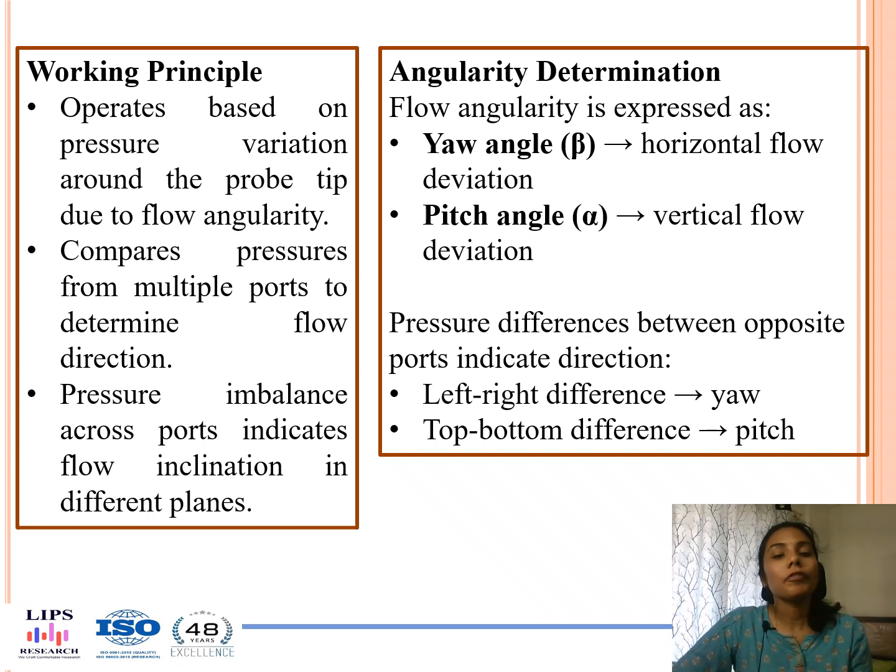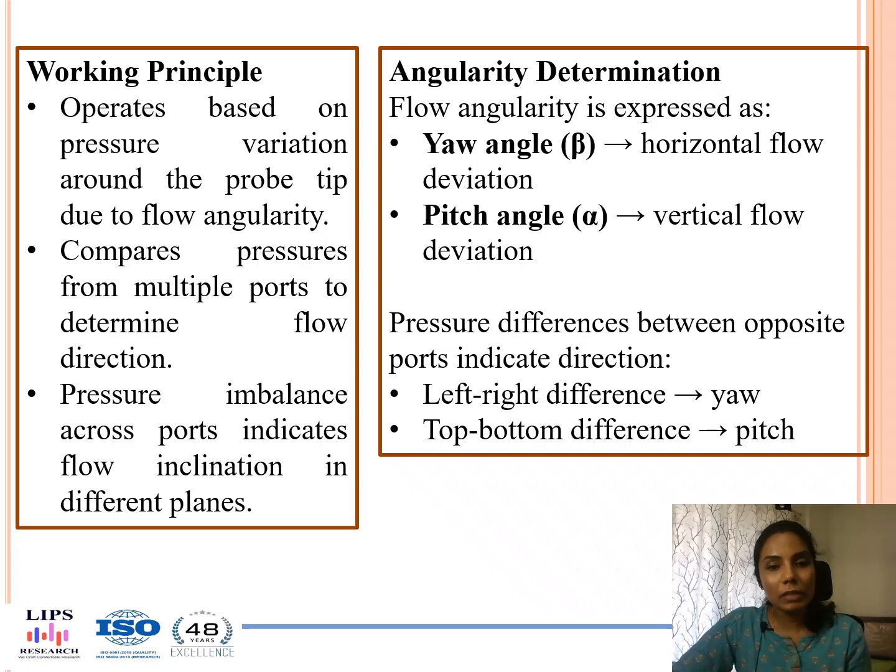Now, if there is a pressure imbalance between these pods, it directly indicates that the flow is not aligned with the probe axis. A difference between the side pods indicates the yaw, which is the horizontal inclination. A difference between the top and bottom pods indicates the pitch, which is the vertical inclination. It works almost similar to the 4-hole flow analyzer.